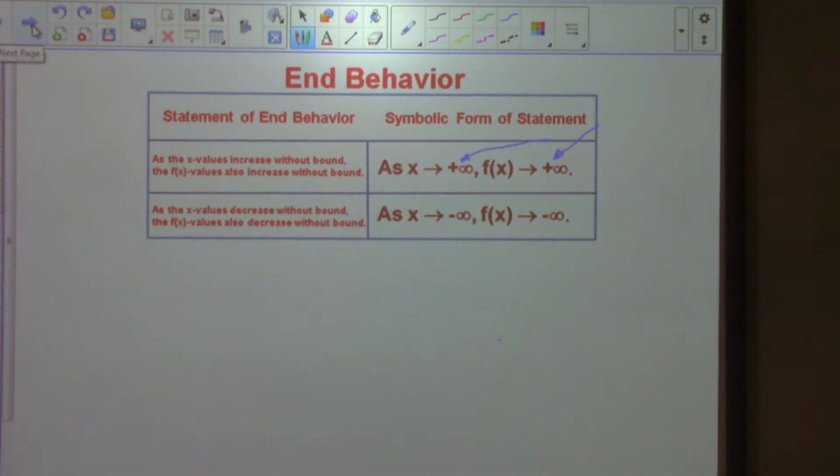Okay. Ready to go to the next page here? Not even close. I'm still in the first box. All right, that's fine.